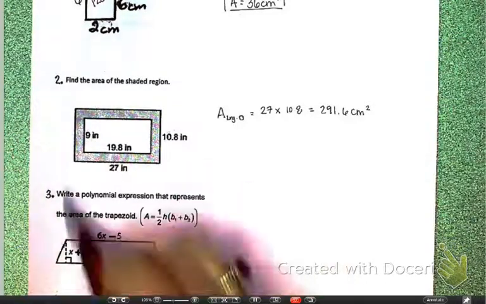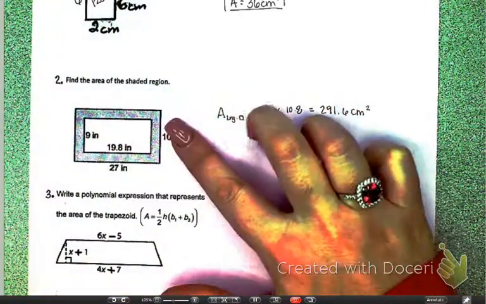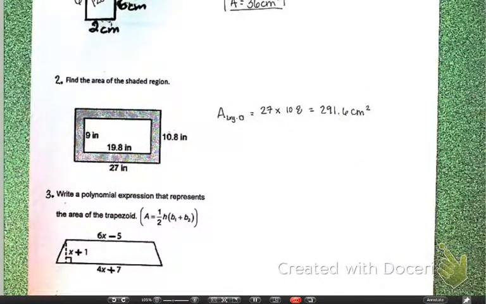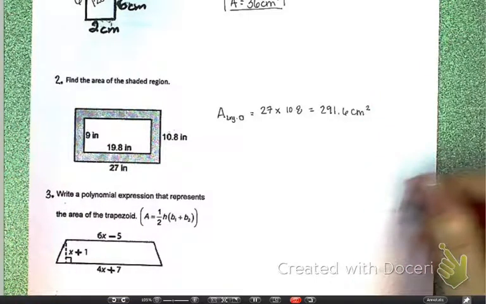Okay, so that's the area of all of this. I don't want this middle piece, so what do you think I need to do? Oh, it's inches. Thank you. If I don't want that middle piece, what do you think I need to do? Subtract what? The area of that middle section, right? So I'm going to find the area of the smaller rectangle, which is 9 times 19.8.